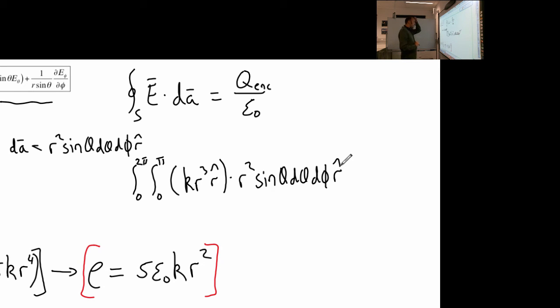Okay, so the integral will work out to be 4 pi.